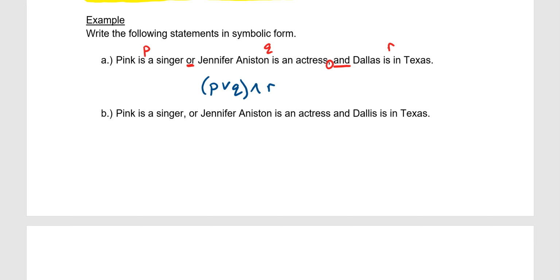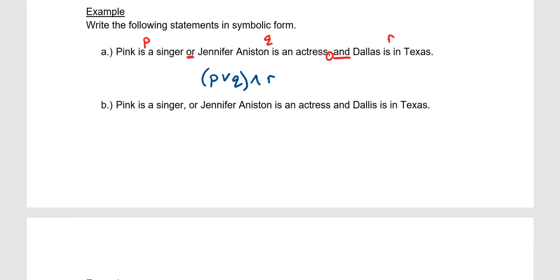Okay, let's take a look at the next one. The next one says Pink is a singer. Once again, I'm going to let that be P, or Jennifer Aniston is an actress, let that be Q, and Dallas is in Texas, so let that be R again. Grouping these together, we see the word or once again, and the word and. So P or Q and R seems exactly the same, except the placement of the comma matters.